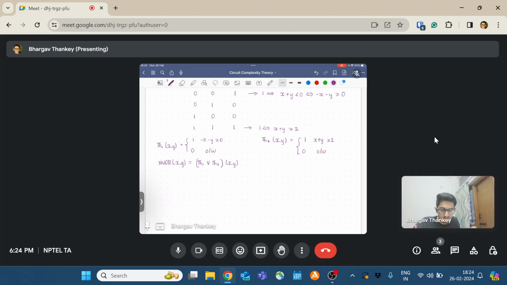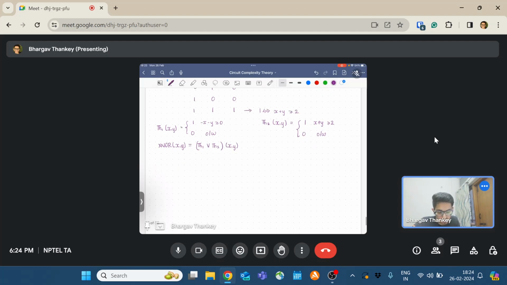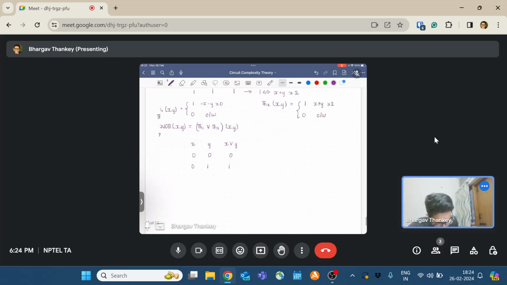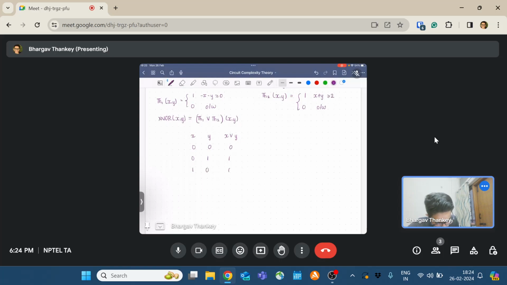Now, just to get a complete circuit using threshold gates, let's also quickly recall the threshold circuit we saw for the earlier function. What's the relevant expression over here in terms of A and B?